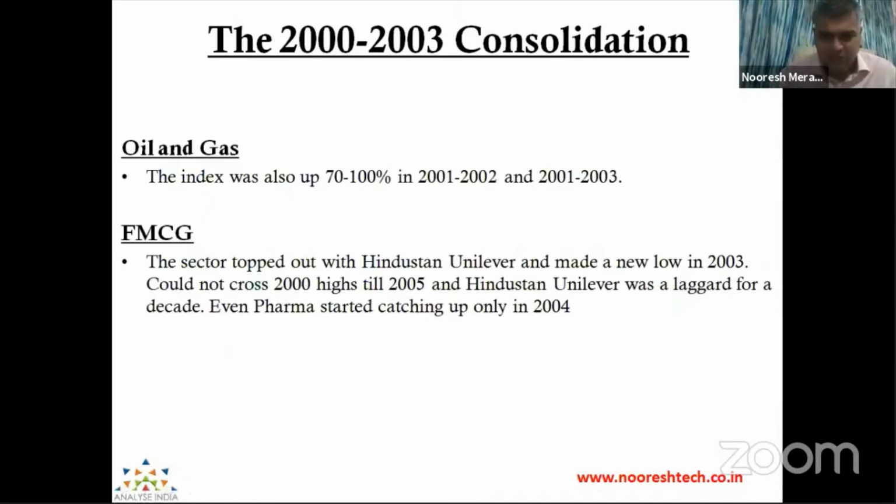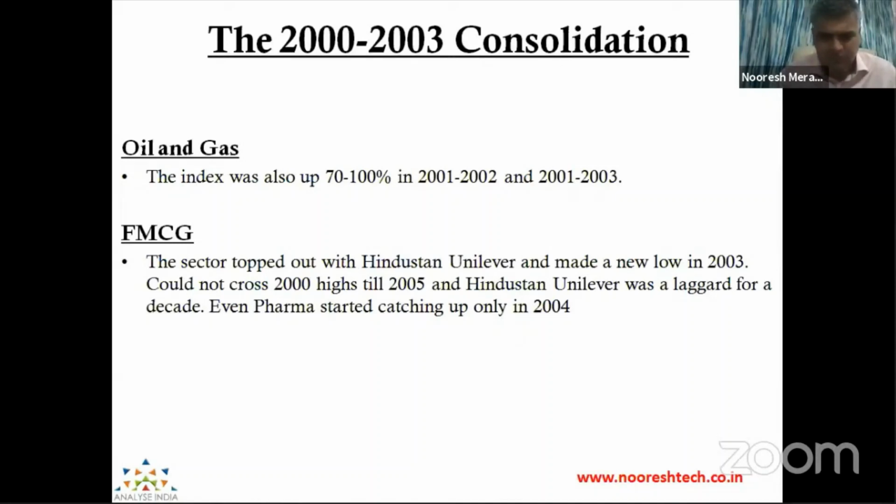The other indices also, like oil and gas, were up 70-100% in 2001 to 3. Another interesting scenario in this period was FMCG in 2003, which was a defensive move in that period. So in 2000 to 2003, it topped out, and it was a laggard for the next 10 to 12 years.